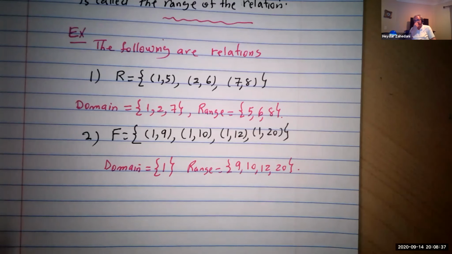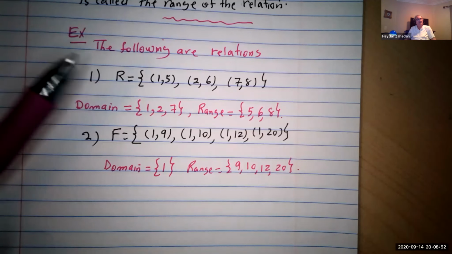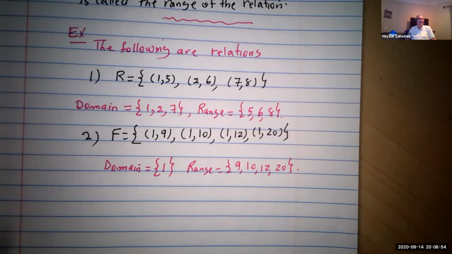Now, we can stay with the relation forever. If you're in computer science, they use this type of idea. But what we are going to do is give you the first definition of a function. Now, what is a function? A function is a relation, with only one extra condition.